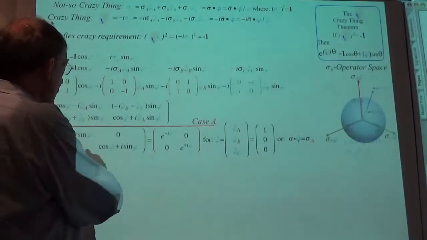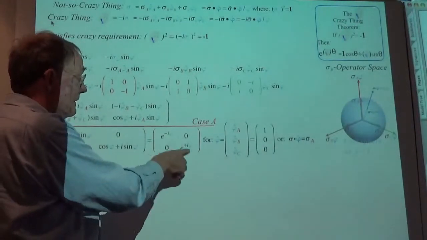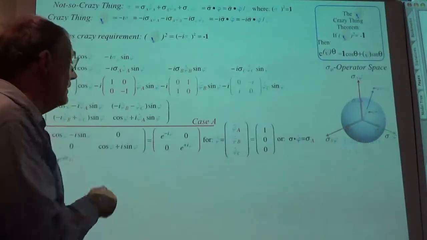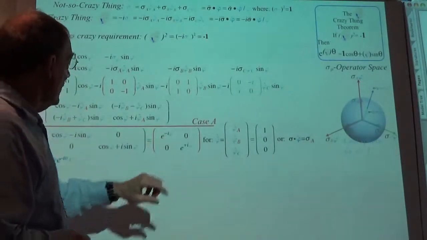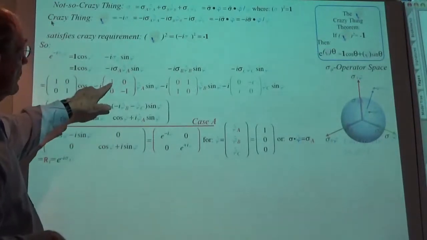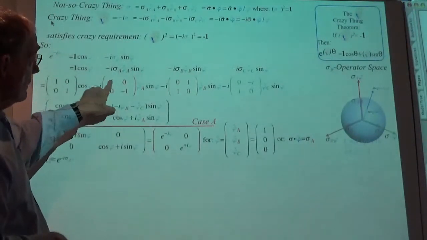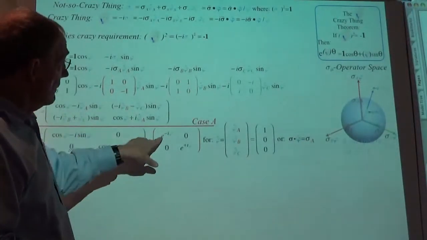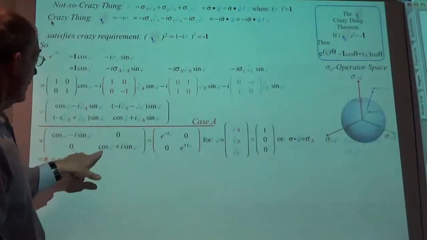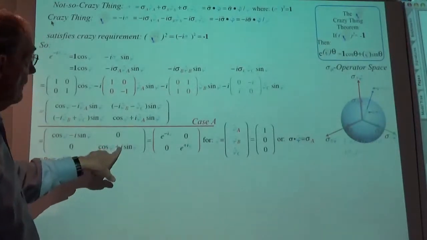So this one is just a diagonal with a phase. The minus I times the angle and plus I times the angle, that's just associated with exponentiating 1 and minus 1 there with the I, and a minus I is showing up here, and then the plus I right there.